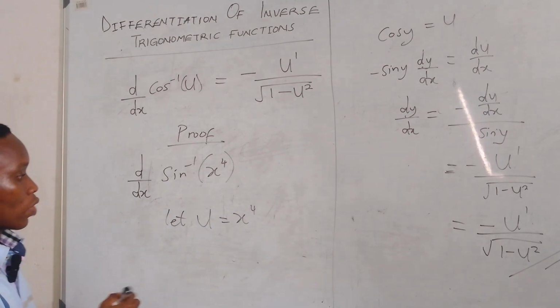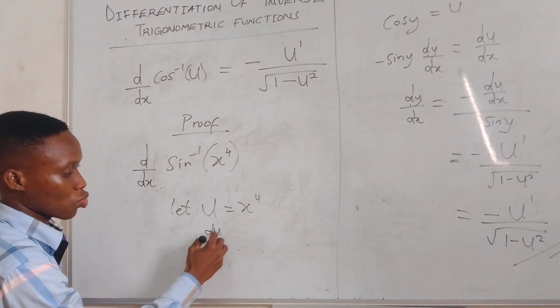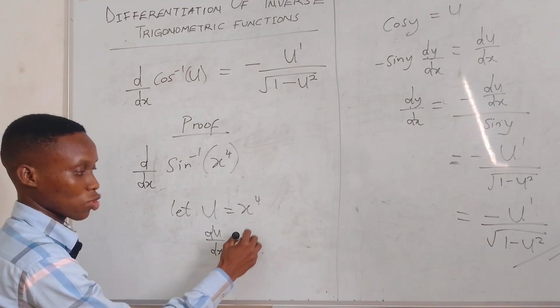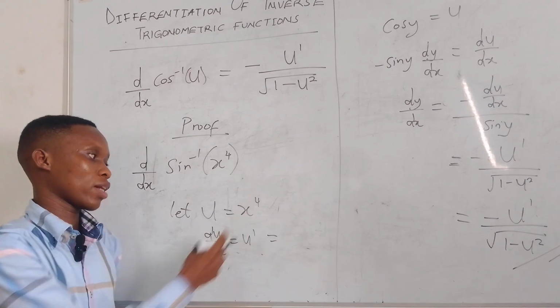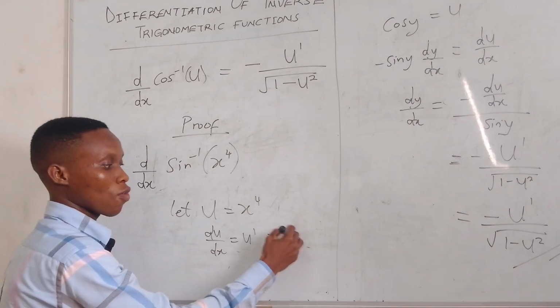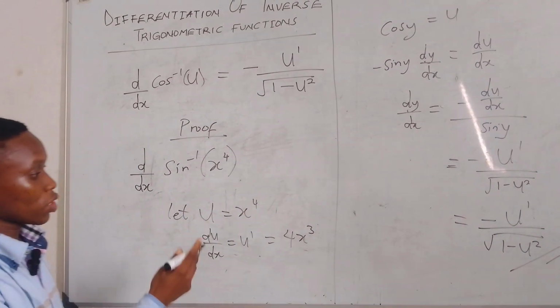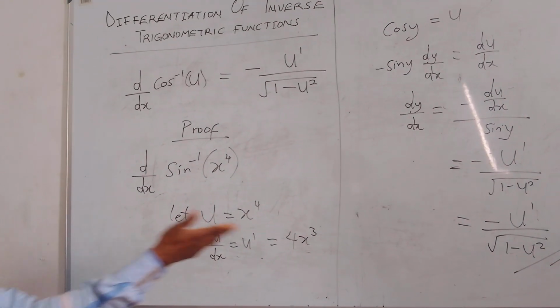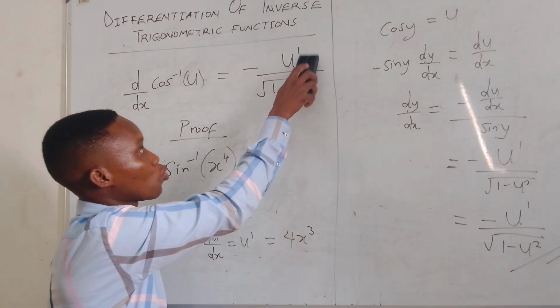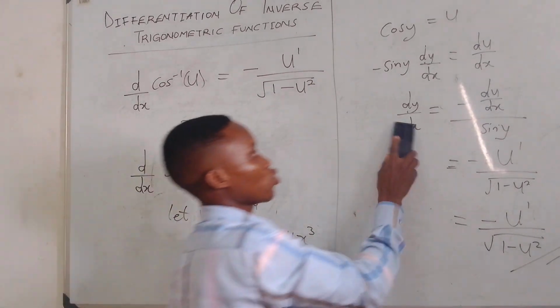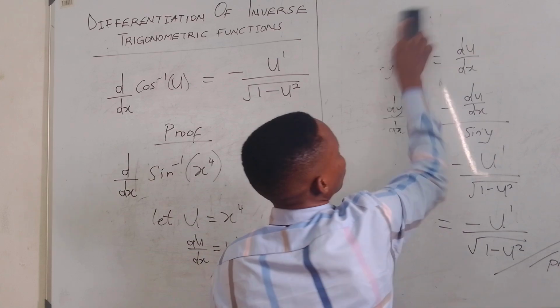With this, I will find my du over dx, which is the same as u prime. We can just find the derivative of this, which will give us 4x power 3. I'll just substitute it into the formula, u prime over square root of 1 minus u squared.